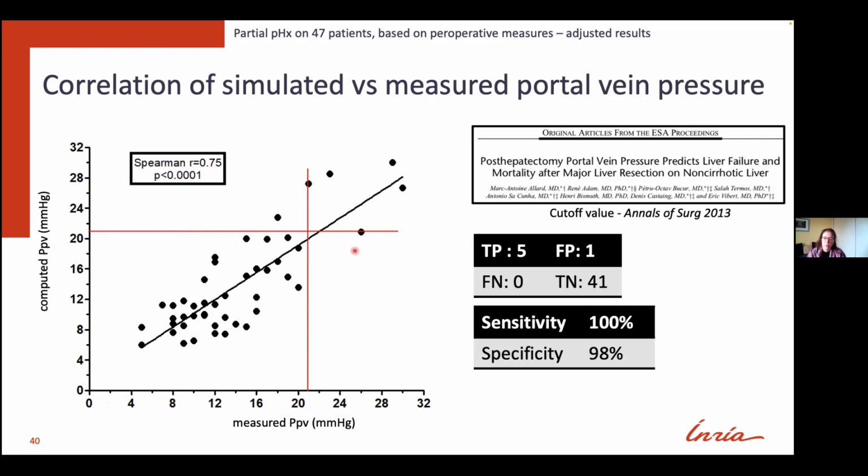There was a known clinical cutoff value of 21 millimeters of mercury, above which there is a higher mortality after the surgery. And you see that we can pretty well predict which patients are above or under this value.